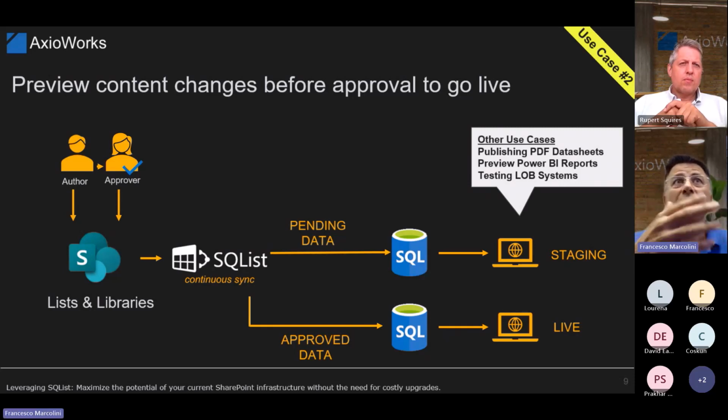With this process, the person responsible for the approval would then check the website in staging, and if happy with the changes, simply go into SharePoint and approve the content, and automatically SQList would get the approved content and push it over to the live database. At this point, the live website displayed the approved content without any manual intervention to push the data live. Let's take a look at this in an example.